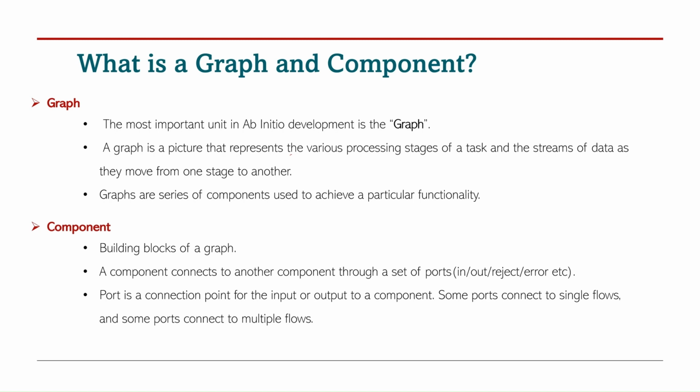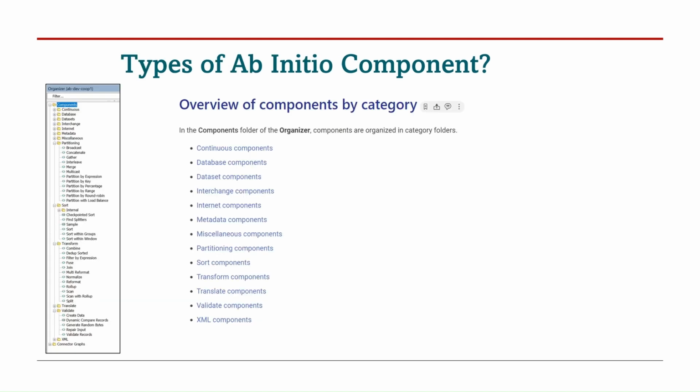That means the representation of the data which is either coming into the component or going out from the component. So this port is a connection point for input and output to a component. Some ports connect to single flows and some ports connect to multiple flows. We will discuss what a port is in the next slide.